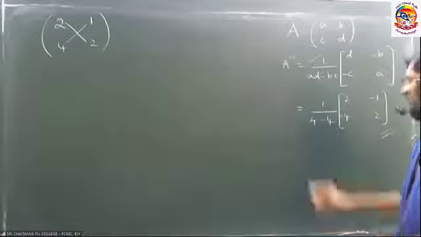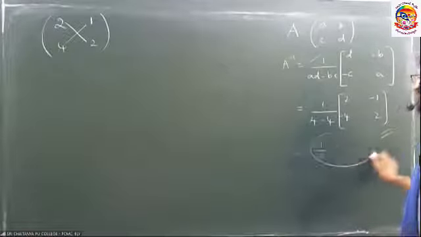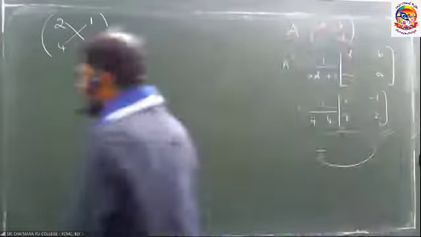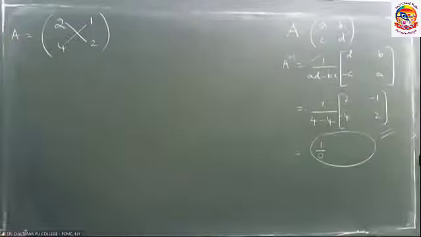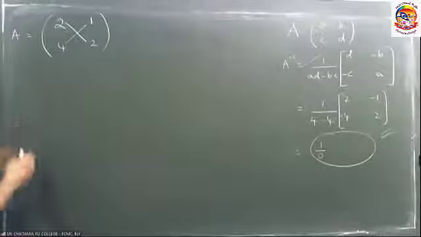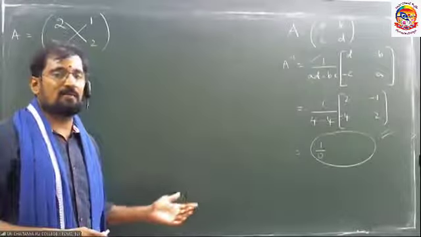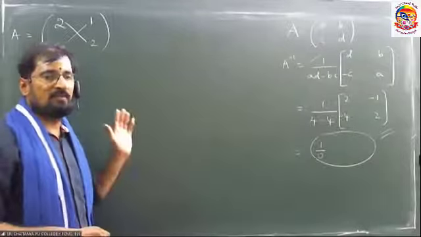At this time, what happens? 1 by 0, so the inverse does not exist, right? Let us consider this is capital A. Of course, you are going to get this in the next chapter called determinants; you can use that concept also.